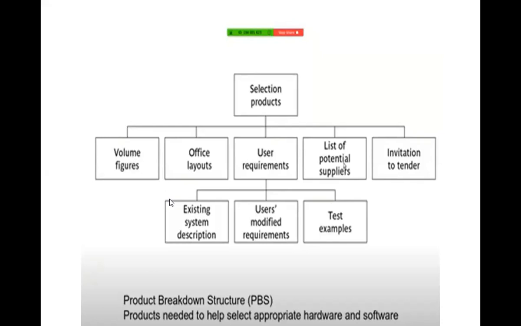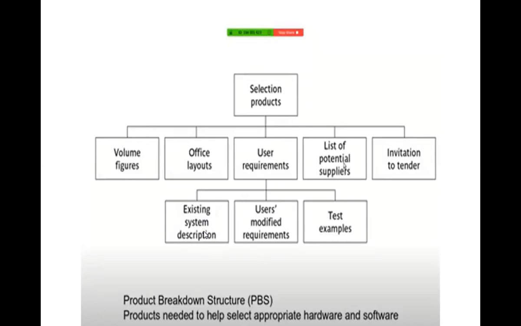Okay, and user requirements. User requirements are categorized into 3 types. Here our payroll project uses only the existing system description. So in user requirements we use only the existing system description, and in user modified requirements, if we use an existing system, we want to update it or communicate with the user.